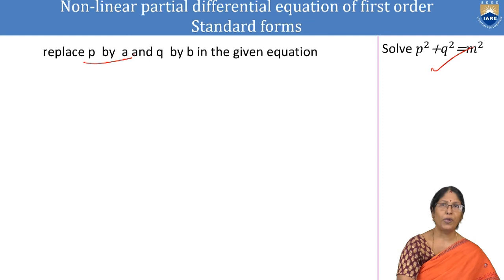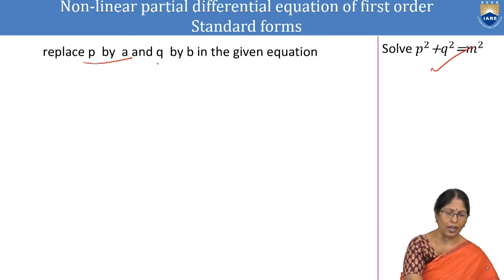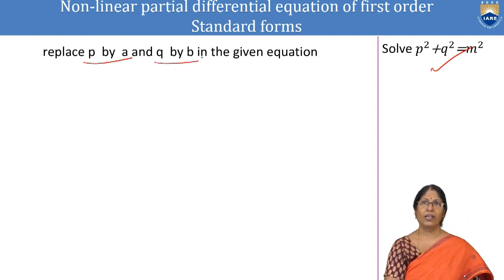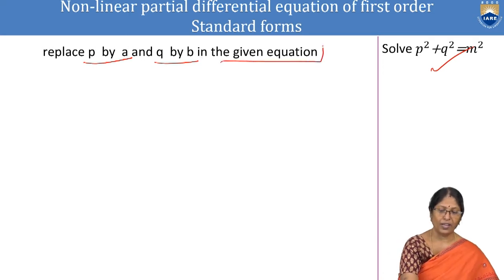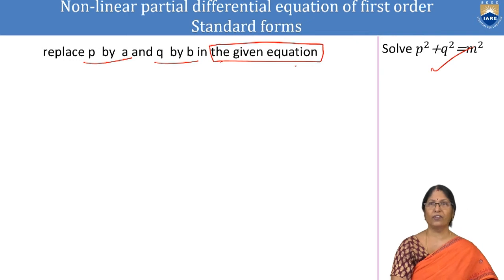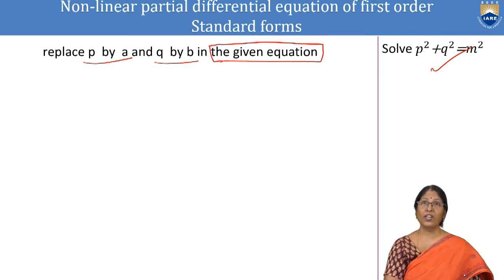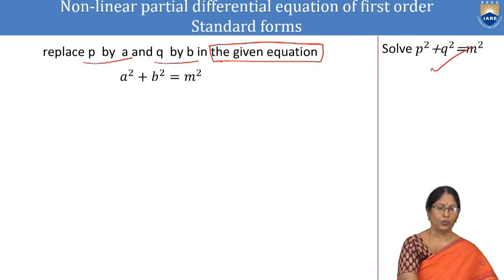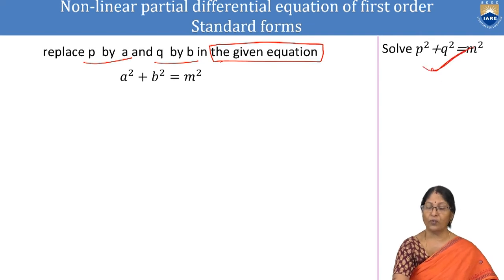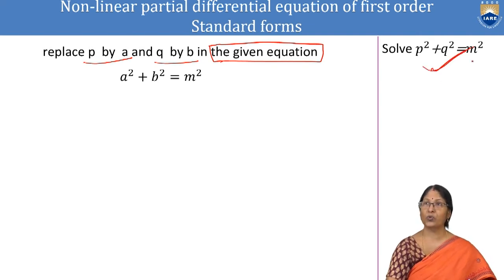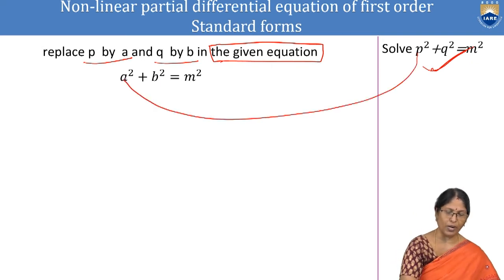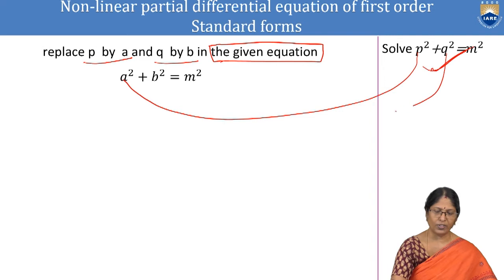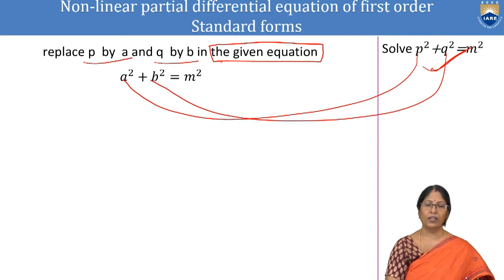Replace p by a and q by b in the given equation. Our given question is p square plus q square equal to m square. So p replaced by a, q replaced by b, gives a square plus b square equal to m square.